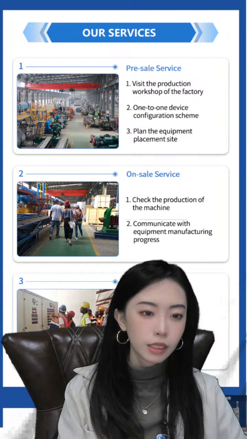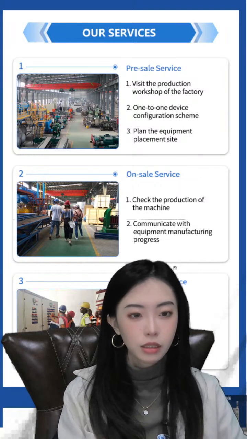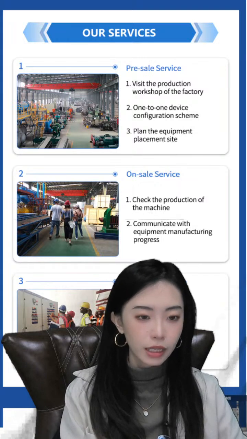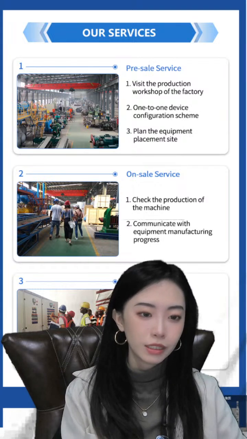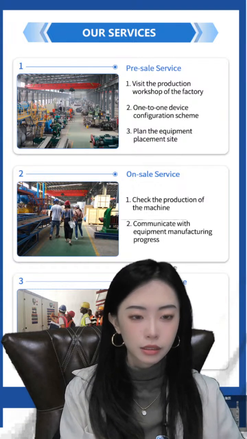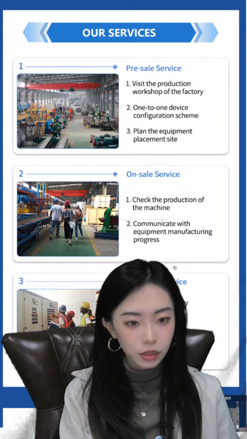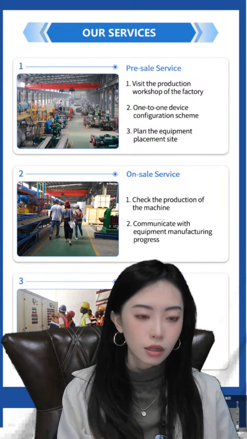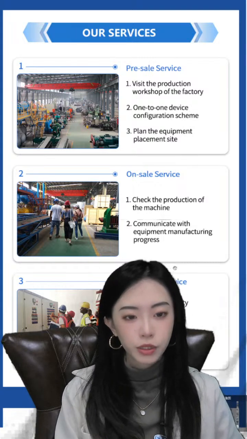There are many prototypes in the factory, and many customers' equipment at different steps of being built, and some waiting to be delivered. So you can see what materials we use, what techniques we use, and how we ensure a long service life and high efficiency when building this equipment.